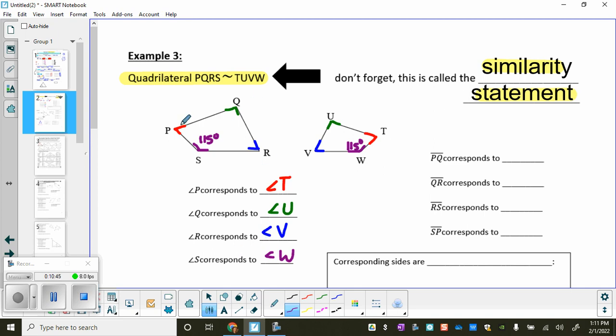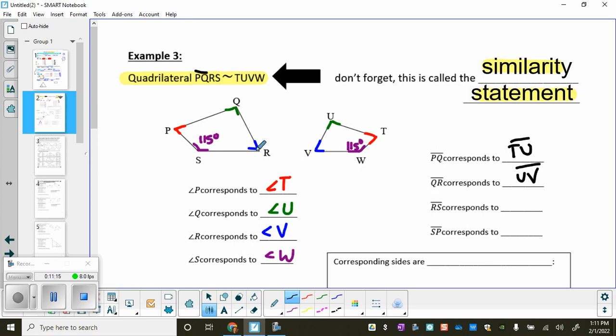So what you can see I did was I simply took this shape and I basically flipped it and then made it a little bit smaller. Okay? Now PQ, so P to Q is right here, and that's T to U, so TU. All right, if we went from Q to R, we're going from this green to blue, so U to V. And again, you can see it works up here, QR, and then there's UV.